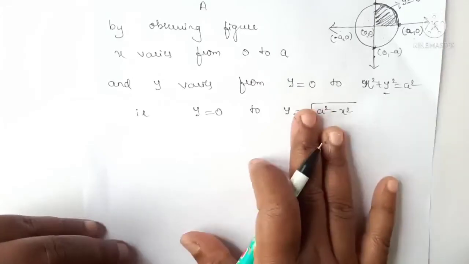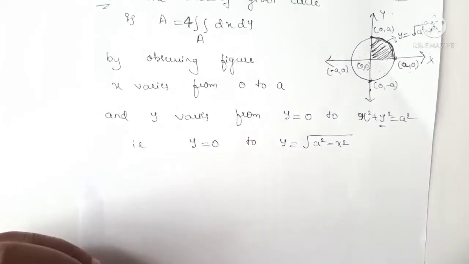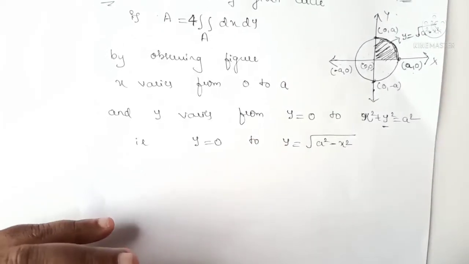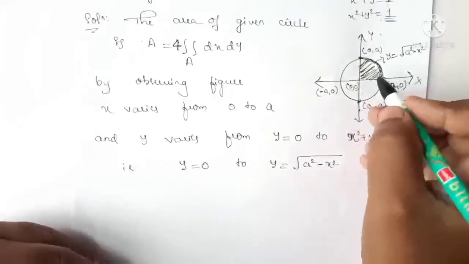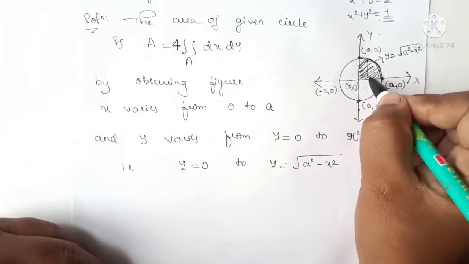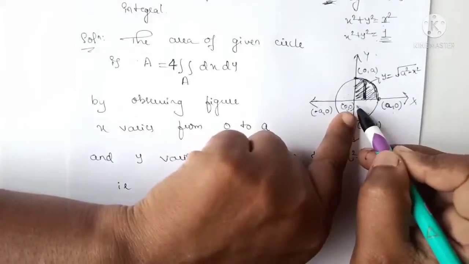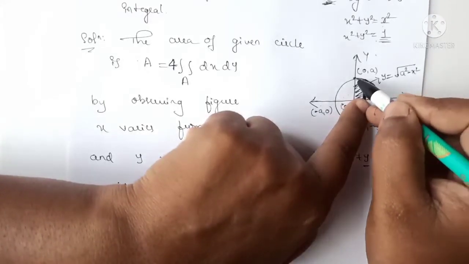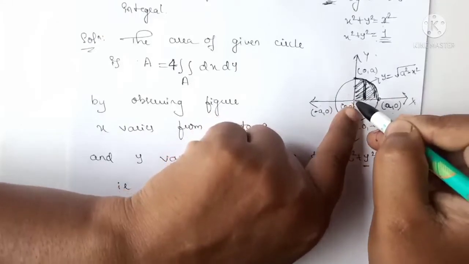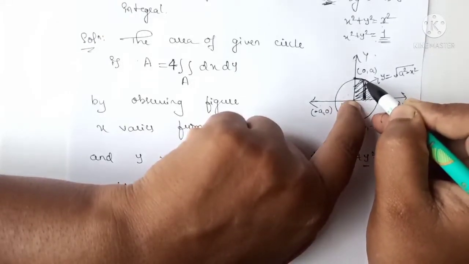Once you write the limits, it will be easy to simplify the problem. Here I have used a vertical strip, so the x limits are constant, but for the y limits I have used this curve, y equals 0 to this curve.